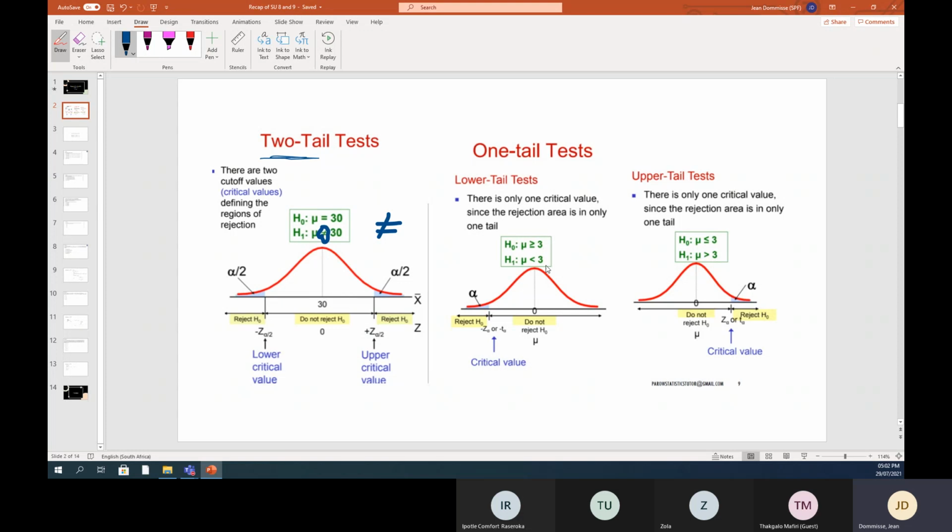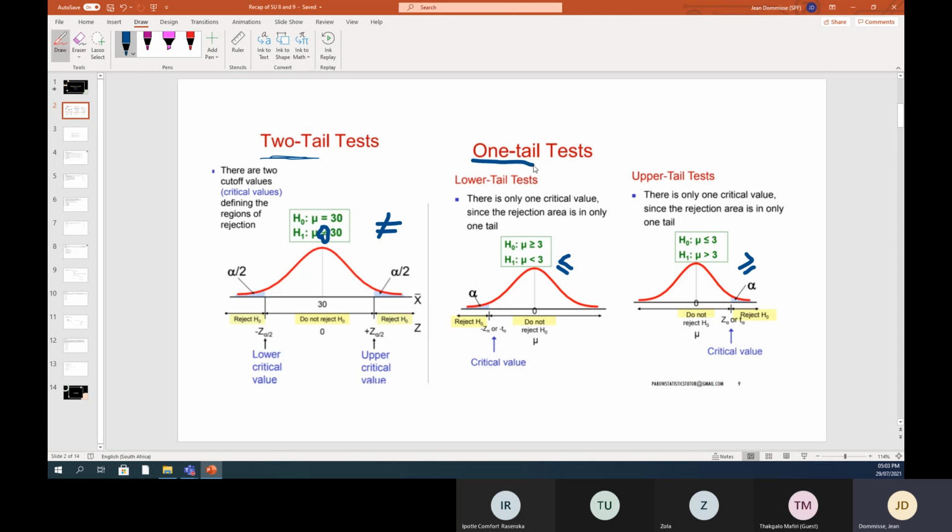In this instance, your null hypothesis or your alternative can be the smaller, but it can also be smaller and equal. The same on the other side. It doesn't need to just be the smaller. So it can also include the smaller and equal, or bigger than and equal.